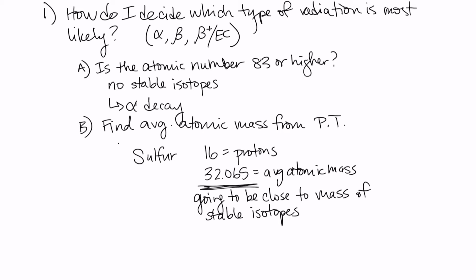Okay, so now let's say I tell you you have sulfur-37. And you want to know what's the most likely mode of decay. So now you're going to ask yourself, sulfur-37, this is heavier than 32. In other words, it has too many neutrons.